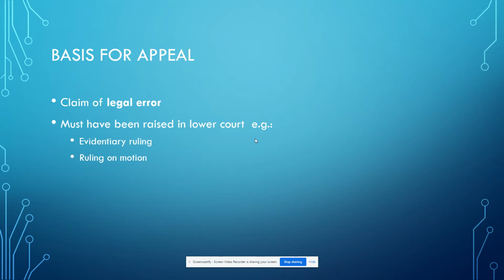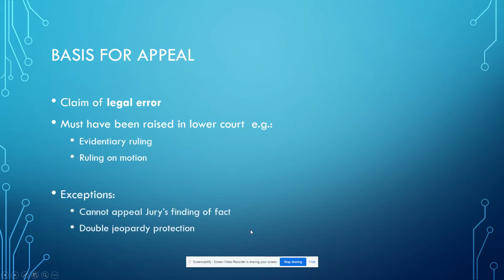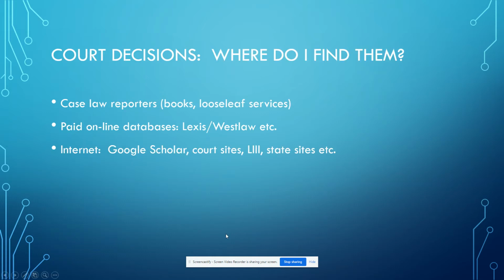So you have to have raised that legal issue in the lower court. But any jury finding of fact cannot be appealed, or when a defendant is acquitted, then they're done. We call that double jeopardy protection.